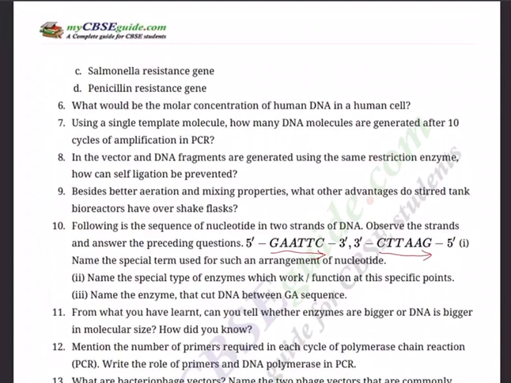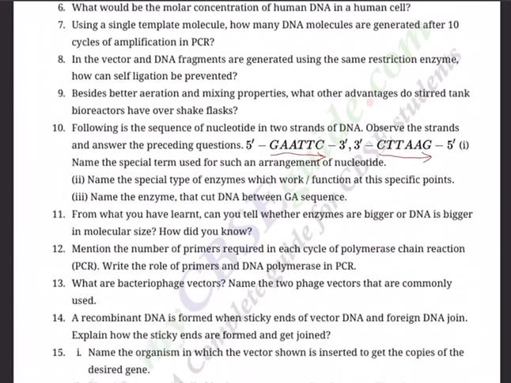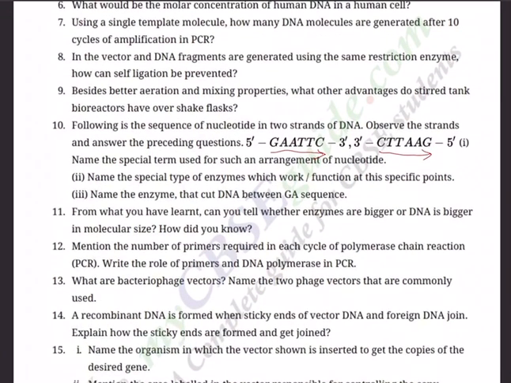Question number 11. From what you have learnt, can you tell whether enzymes are bigger or DNA is bigger in molecular size? How do you know? Question number 12. Mention the number of primers required in each cycle of polymerase chain reaction, PCR. Write the role of primers and DNA polymerase in PCR.